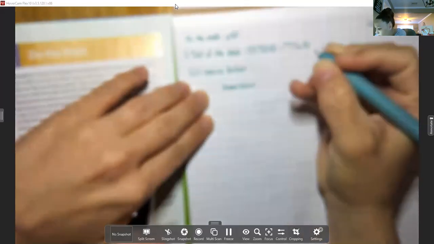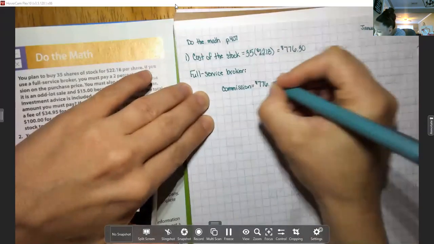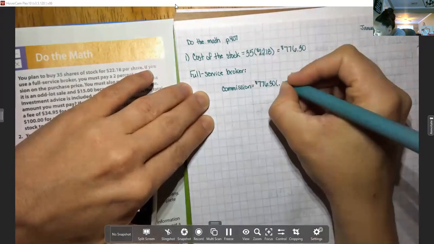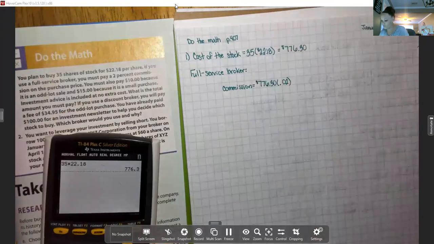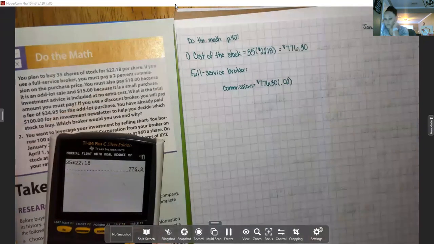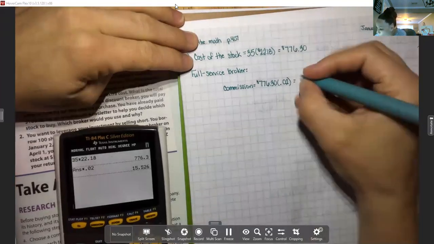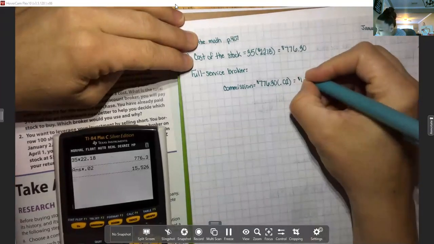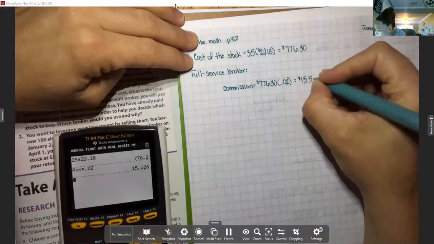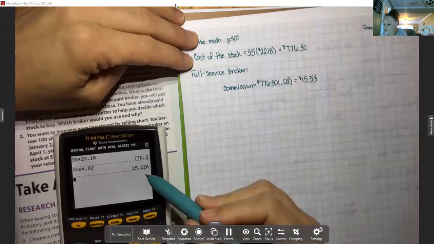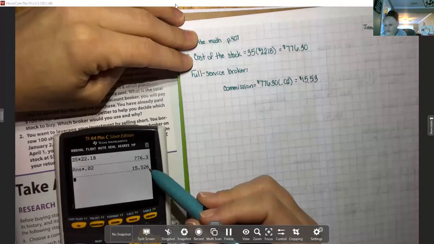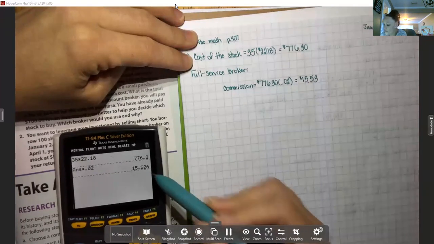The purchase price is $776.30 times 0.02. So the commission that we would pay for the full service broker is $15.53. Remember, you only use 2 decimal places, so that 2 has to round to a 3 because of the 6.